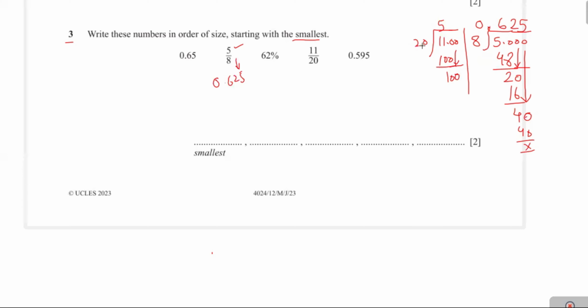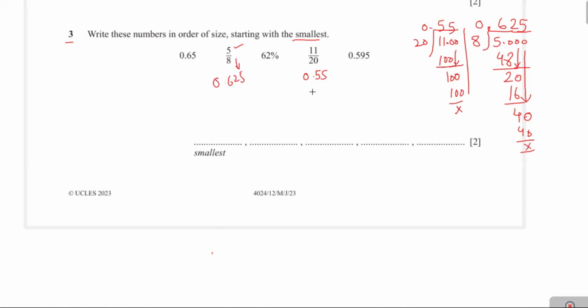Now its value becomes 20 times 5 is 100. Now the answer will be 0.55 because the decimal place in the denominator is 2, and therefore the decimal place of the answer will also be 2. Therefore, we can write 0.55.